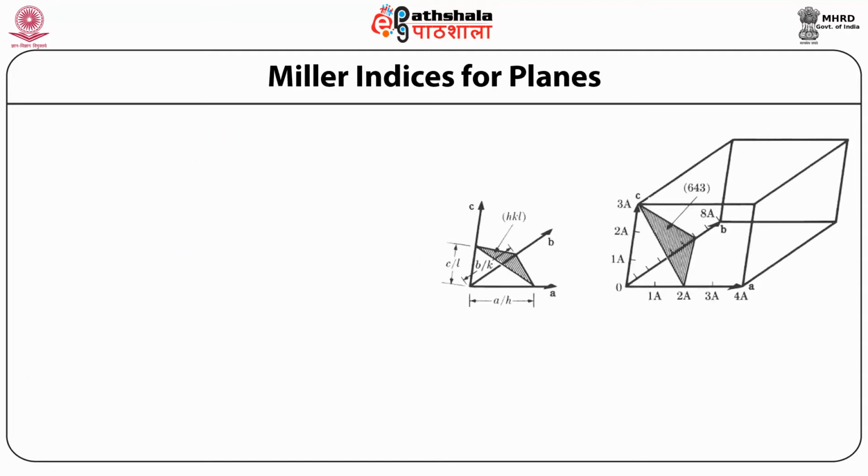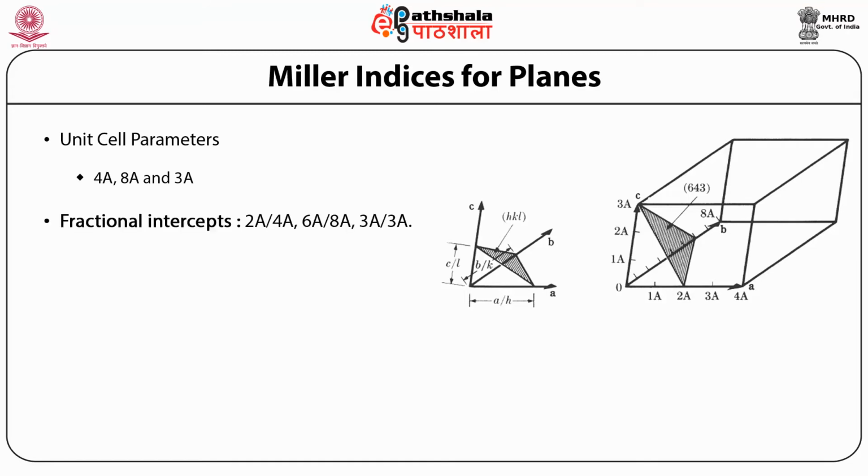Now let us assume another plane in three-dimensional space with intercepts not equal to 1. You can see in the figure on the top that the unit cell parameters cutting the x, y and z axes are 4a, 8a and 3a.